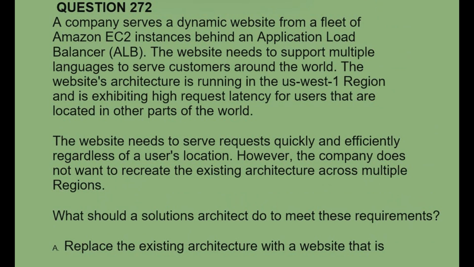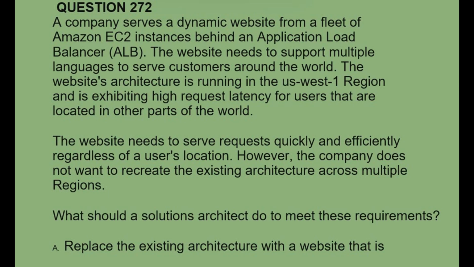Question is, a company serves a dynamic website from a fleet of Amazon EC2 instances behind an Application Load Balancer, ALB. The website needs to support multiple languages to serve customers around the world. The website's architecture is running in the US West 1 region and is exhibiting high request latency for users that are located in other parts of the world.